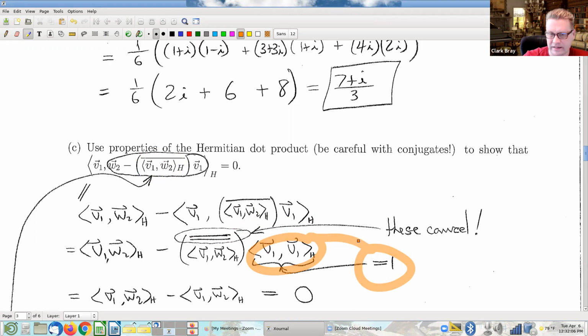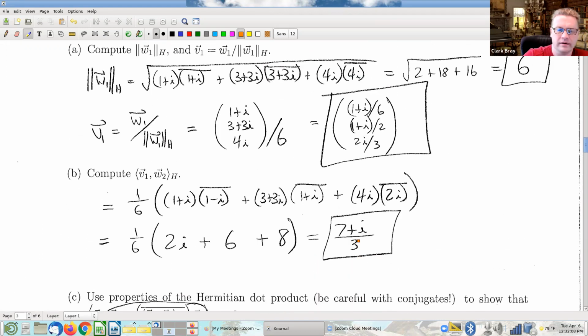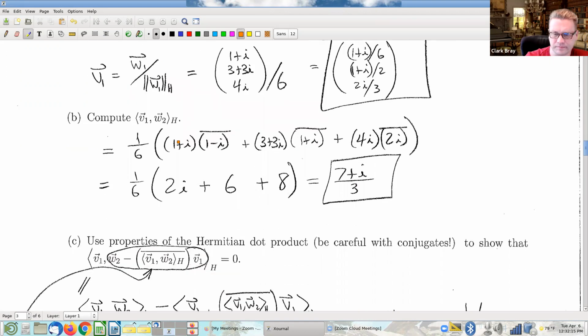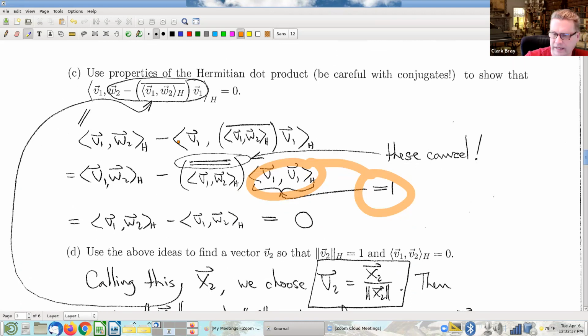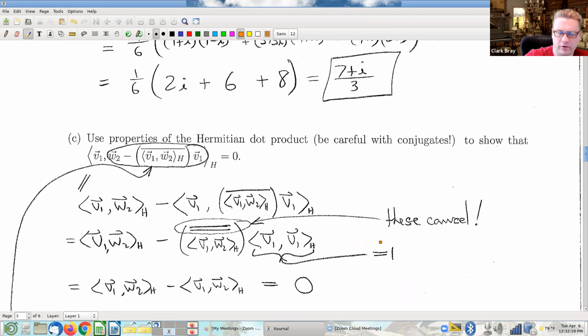V1 we designed to be a normalized vector, so it's already been divided by its own magnitude, and its norm is 1. Therefore we have this minus, well, itself, which is 0. So these are straightforward calculations, really plug and chug so far.